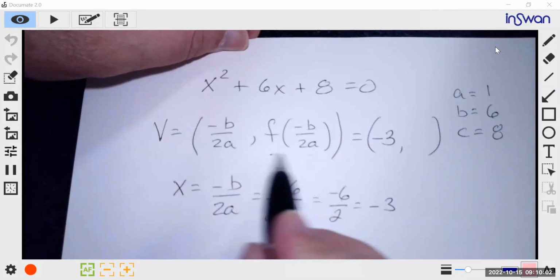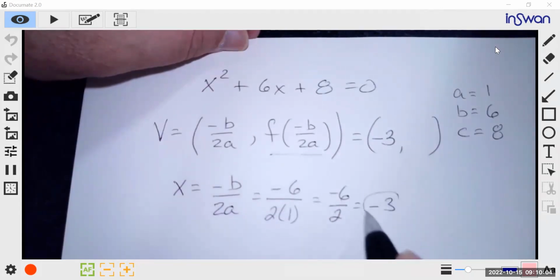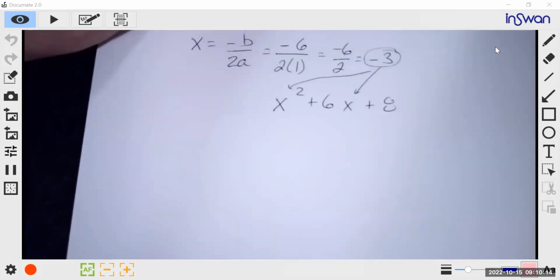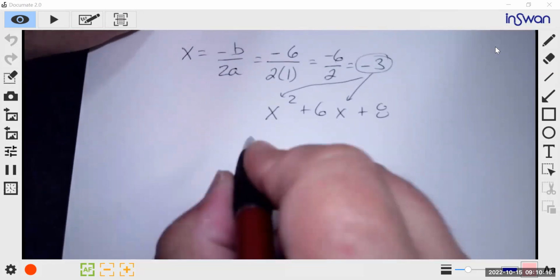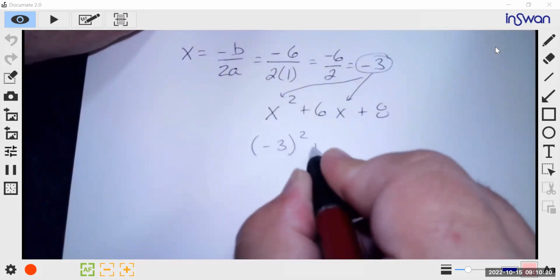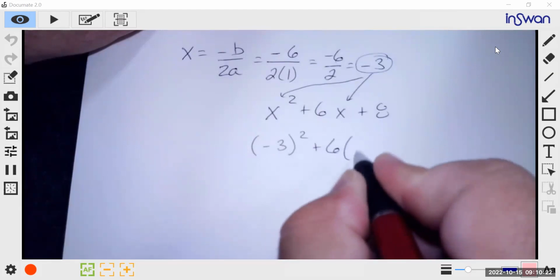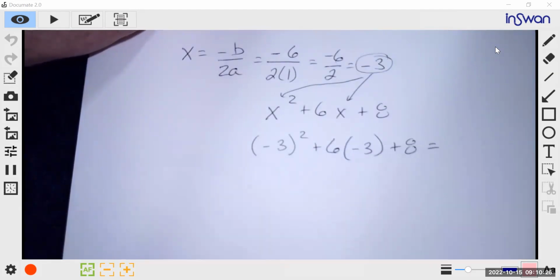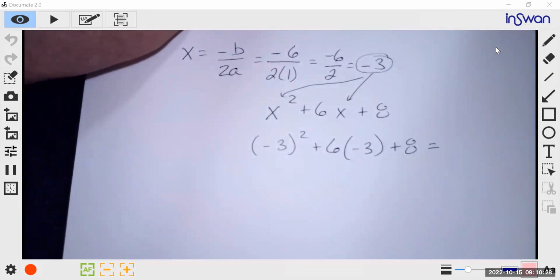What this says is once I find the x value, I plug the x value inside the equation and work it out. So negative 3 squared plus 6 times negative 3 plus 8 equals some number.